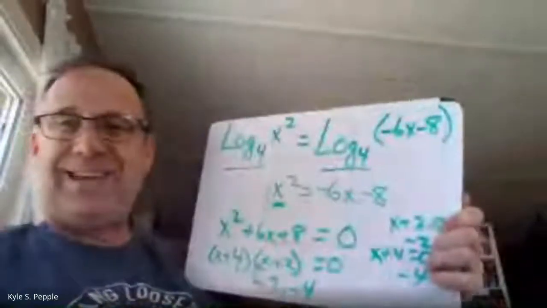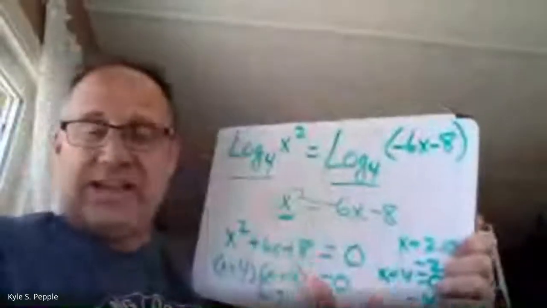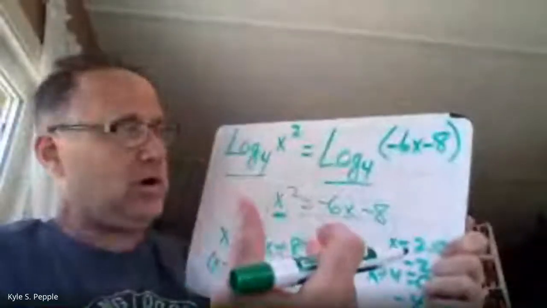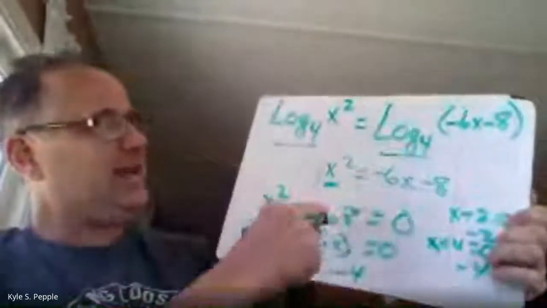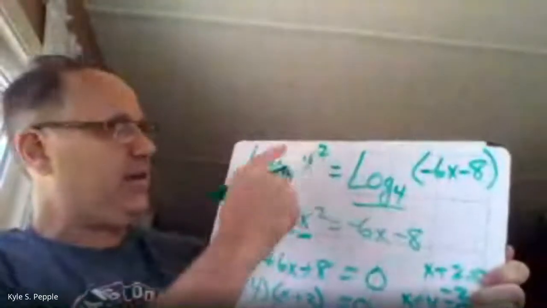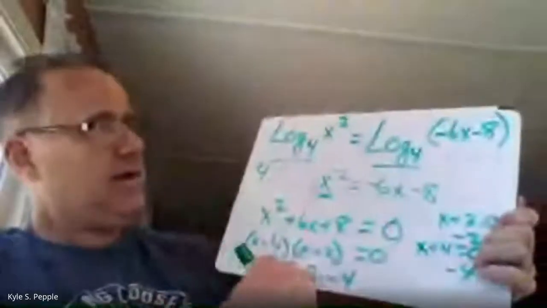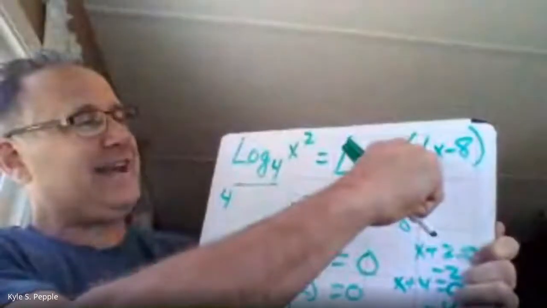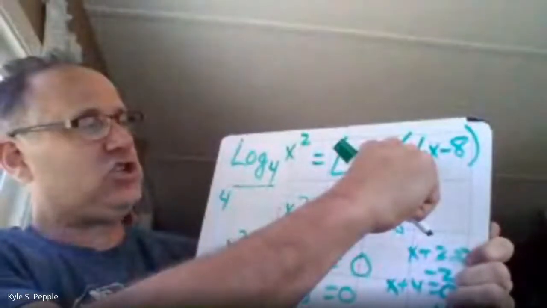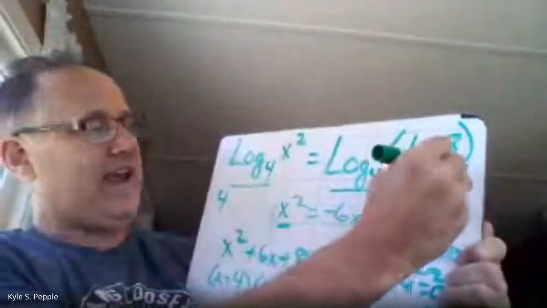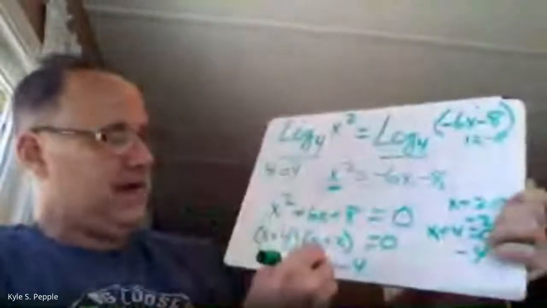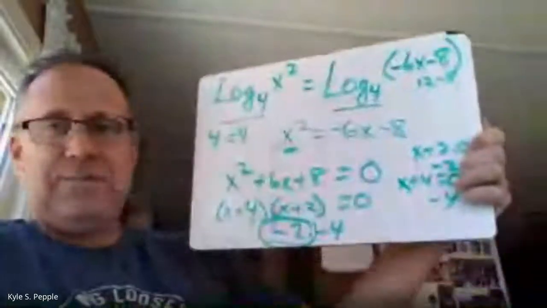We want to plug those back in. So we plug these back into our original equation to see if we have an extraneous solution, one that doesn't work. If we plug in -2, -2 squared is 4. -2 times -6 is 12. Minus 8 is 4. Okay, so that's going to be a good solution.